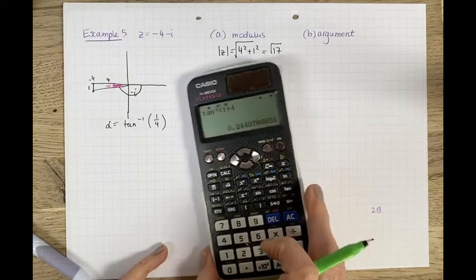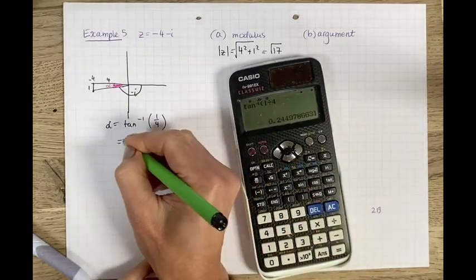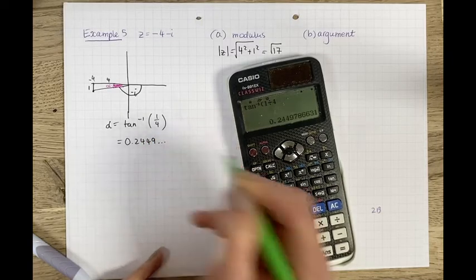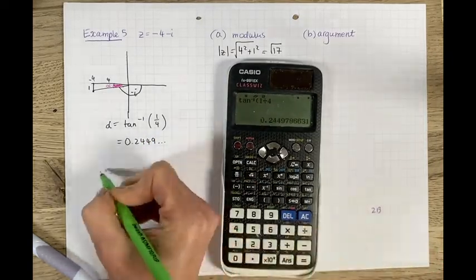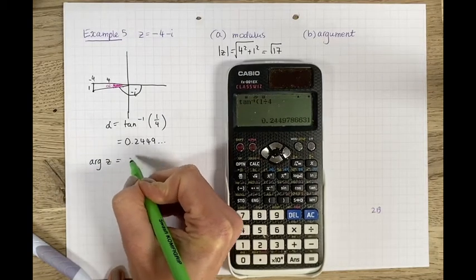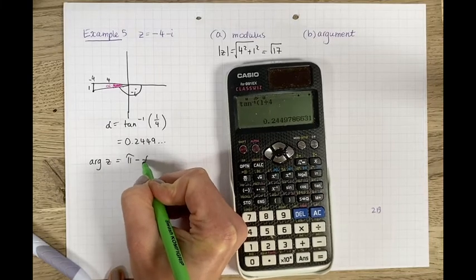That's 0.2449 radians, and then our argument of complex number z is going to be pi minus alpha.